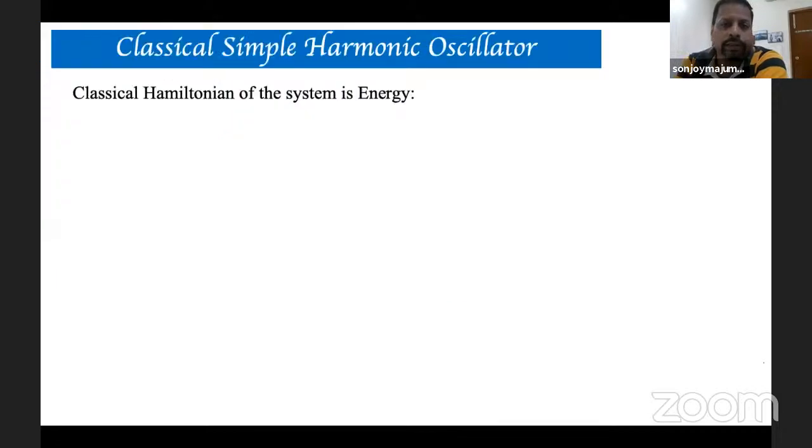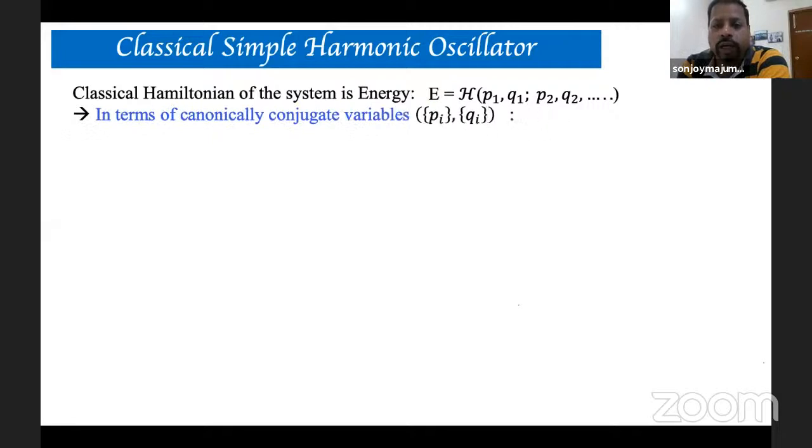So let me start from the beginning. Let's start with the simple harmonic oscillator. We know how the simple harmonic oscillator is treated classically, using classical mechanics. We can express this system in terms of its Hamiltonian, which is actually its energy, and this Hamiltonian can be written in terms of arguments known as canonically conjugate variables.